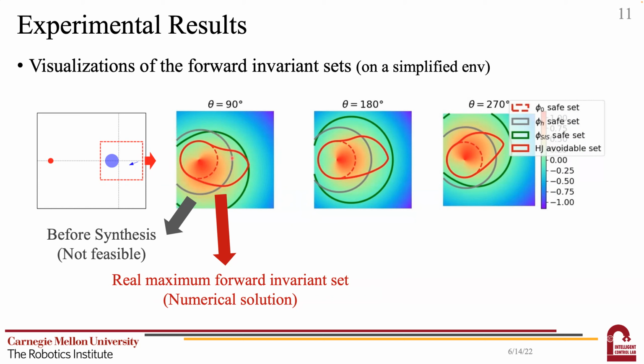We can observe that there still exist some unsafe states in this invariant set before synthesis, so this certificate is not feasible. However, after synthesis, we get a feasible subset of the real maximum forward invariant set. This means that we can learn a feasible safety certificate with our algorithm.